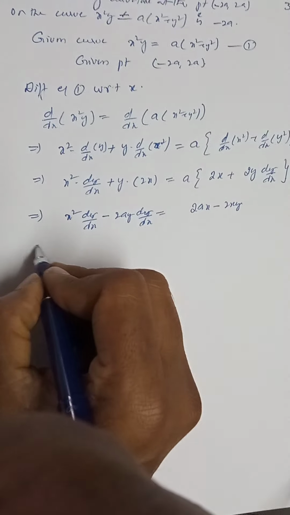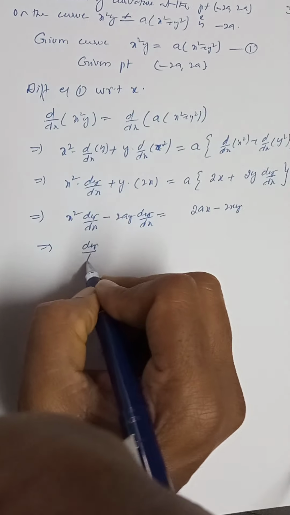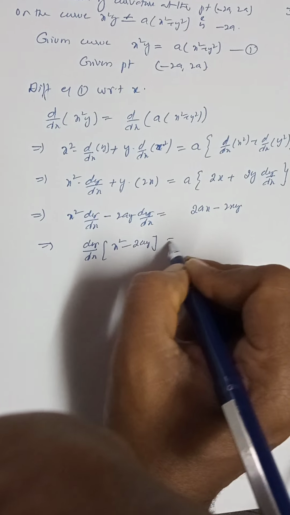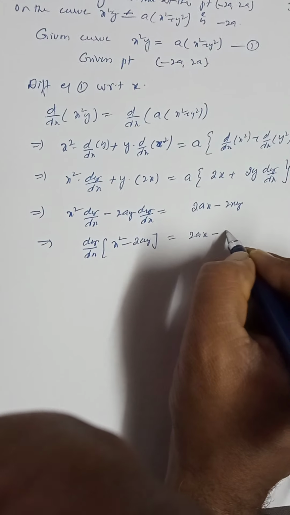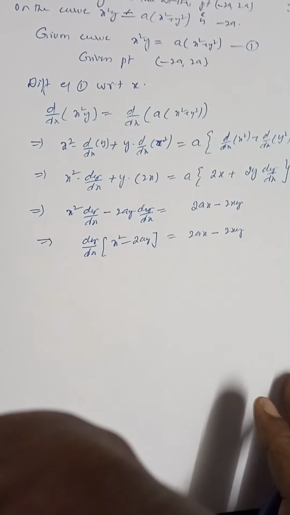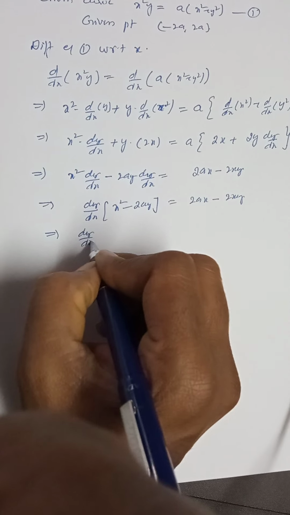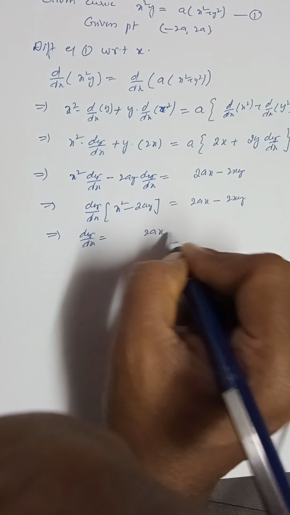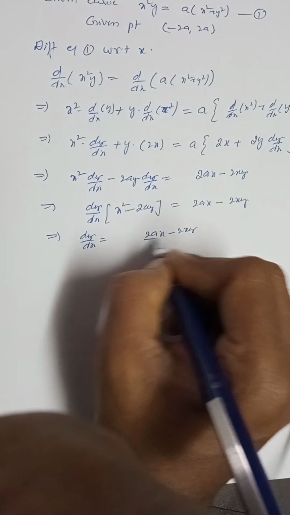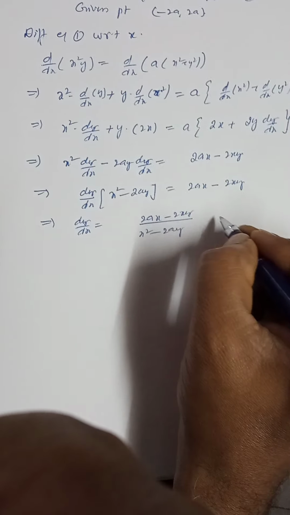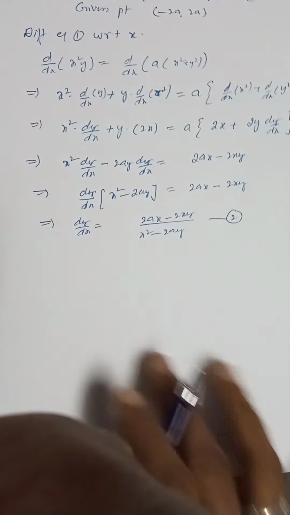Now we can take dy by dx common: (x square minus 2ay) is equal to 2ax minus 2xy. From here dy by dx is equal to (2ax minus 2xy) by (x square minus 2ay). You call that equation number 2.